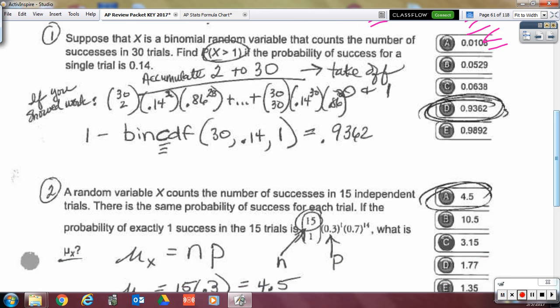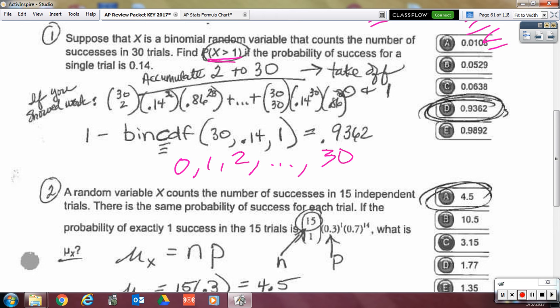All right, so I hope you remember how to do the binomials. It's not always 1 minus for the cumulative. So recall that if they ask you to accumulate, a good technique is to write down your sequence. This one went up to 30, and they want x greater than 1. I'm not real good at keeping these things in my brain.